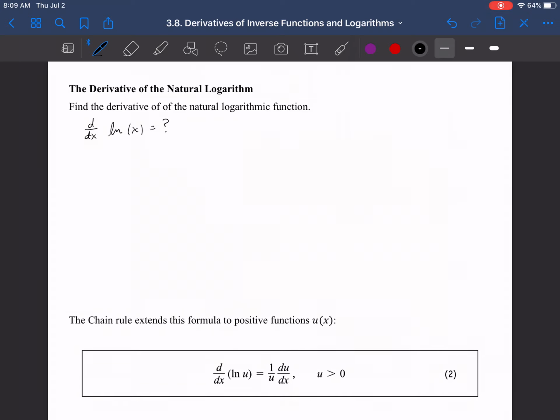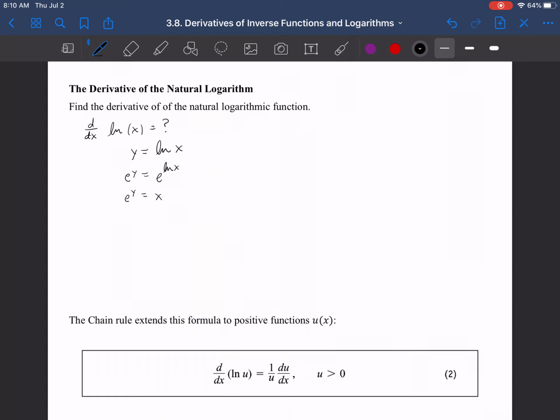Well, we can start off by saying y equals the natural log of x, and we don't know how to take that derivative, but we can invert the function. If we raise both sides so they're both the exponents of e, we get e to the y equals e to the ln of x, which is just e to the y equals x.